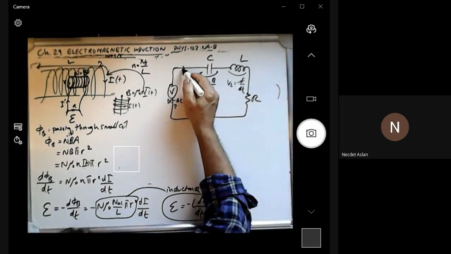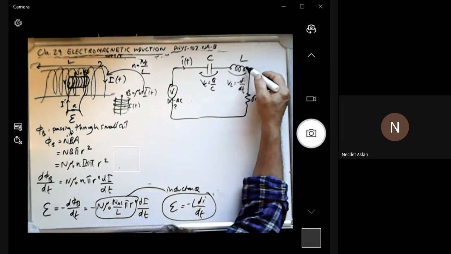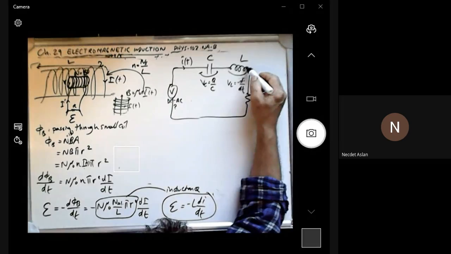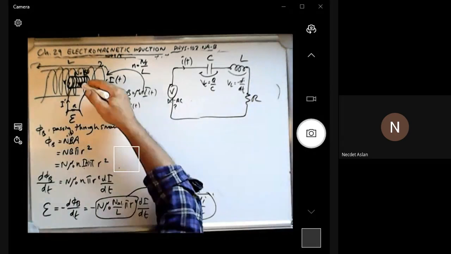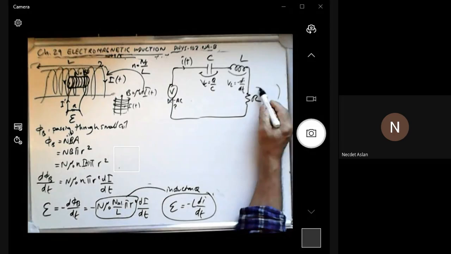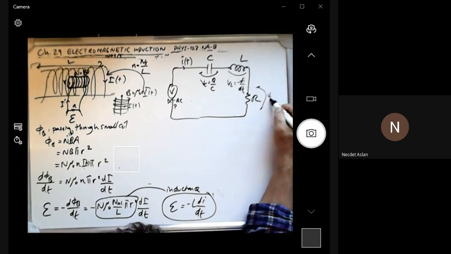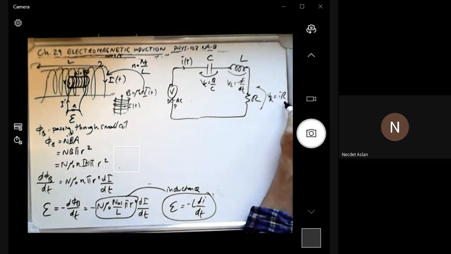So of course there is a current created, and if the current is time dependent, then there is a potential difference created between the tips of this coil. It's something like that. And of course VR, around the resistance, is I times R. Very simple. This is Ohm's law.